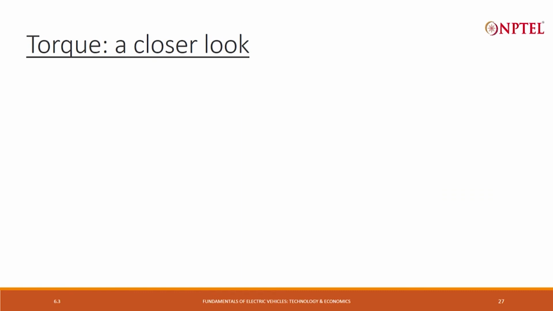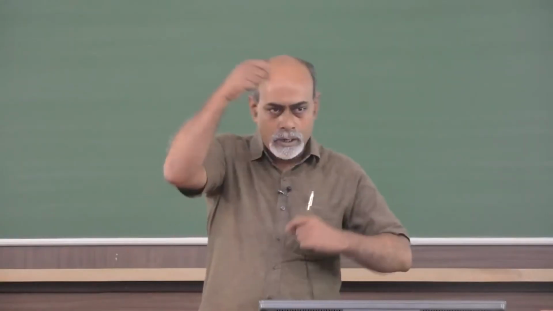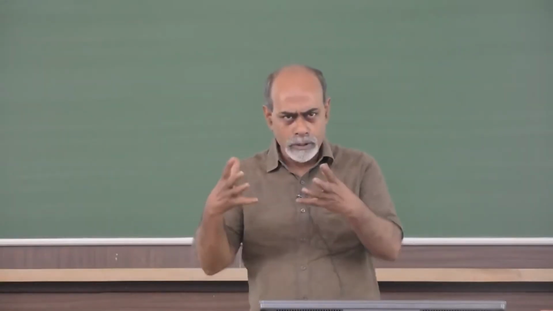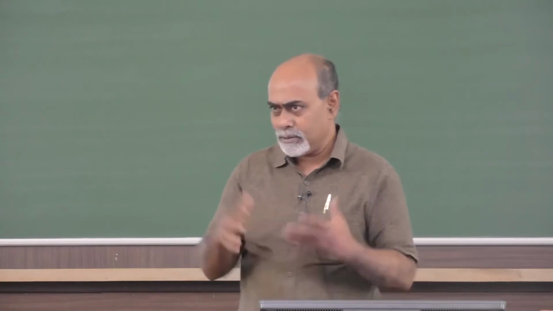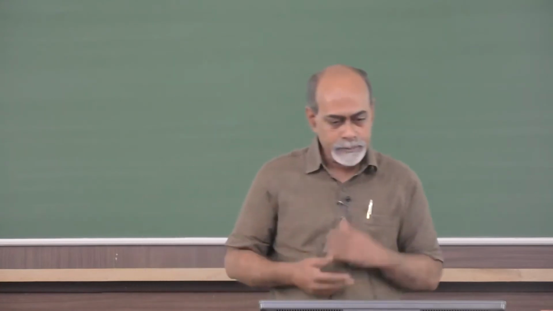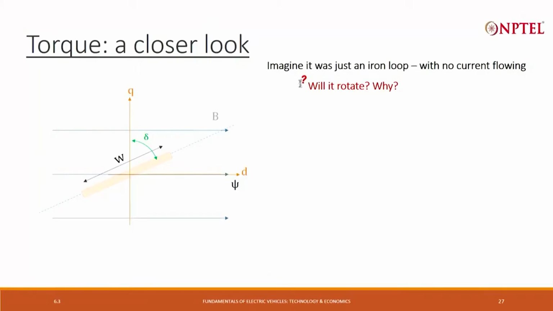Now, the winding is usually not just in air, it is wound around a core, and often that core is made of steel, some kind of soft iron or something like that. Now, supposing I ignore the copper wire and only look at the steel inside it, that steel is also inside a magnetic field.